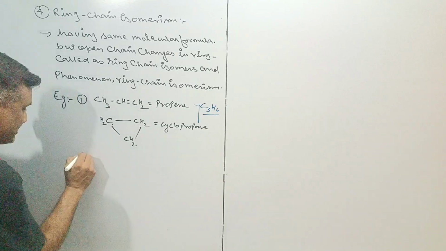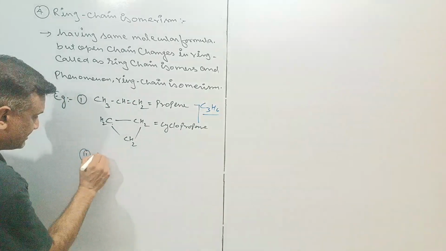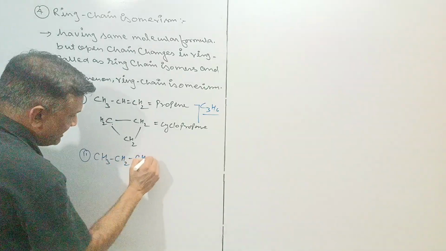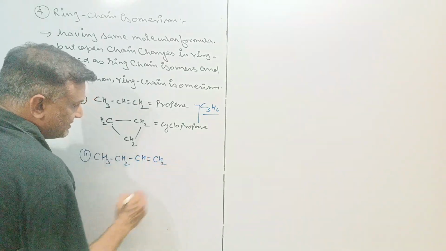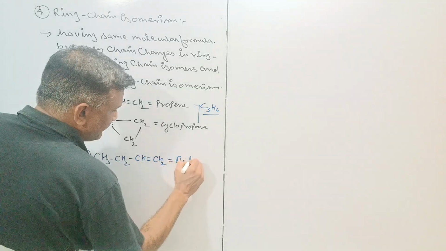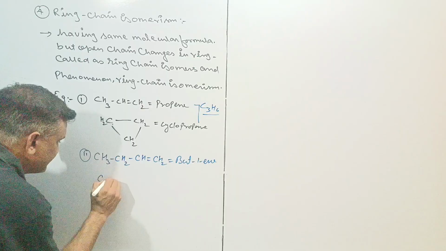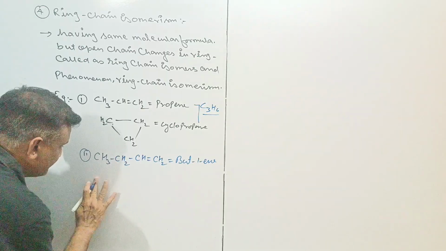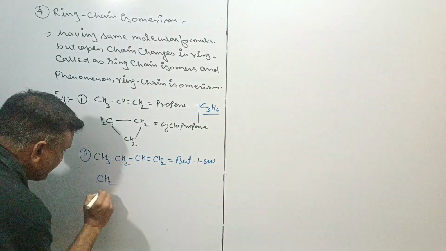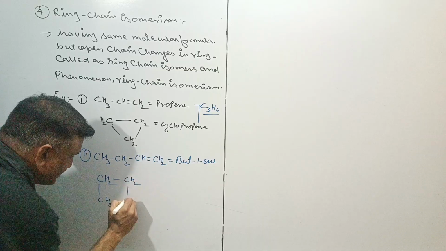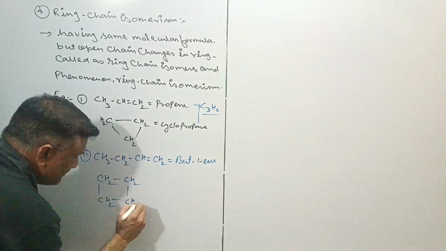We can take another example also. This is CH3-CH2-CH=CH2. This is but-1-ene. Regarding it, we can take the ring of CH2, CH2, CH2 and CH2.